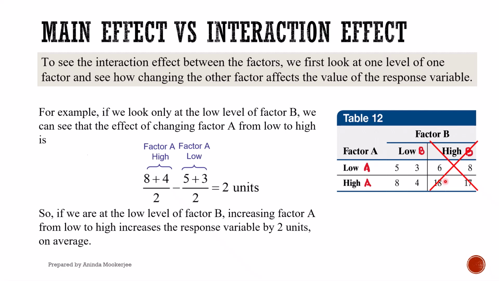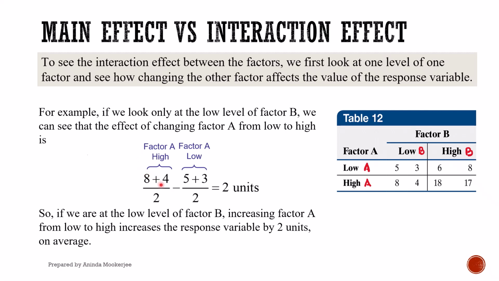In the next slide, we will consider that as well. But for the first step, we just focus on low of B and compare the high and low of factor A. And we see there's a difference of 2 units when we change the level of factor A from low to high.